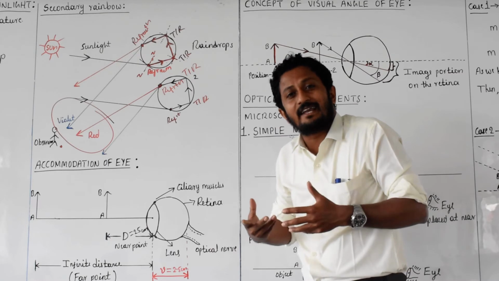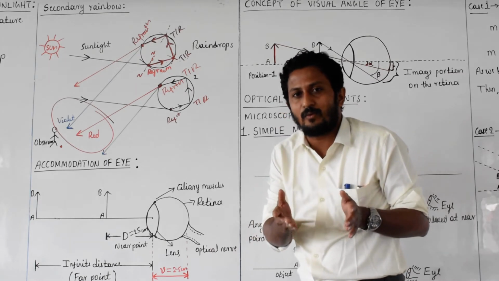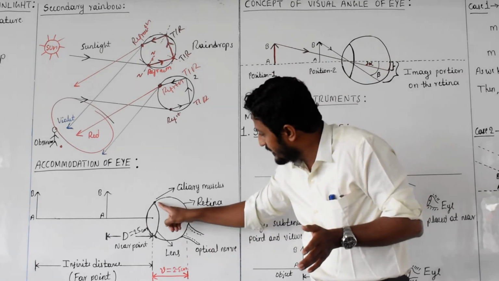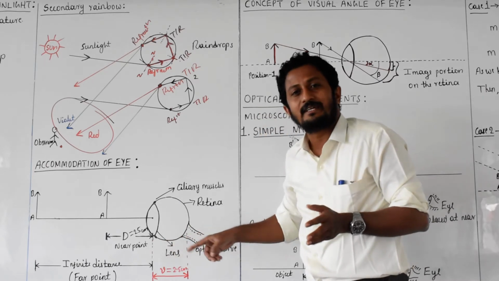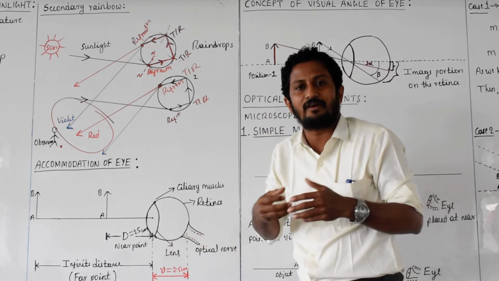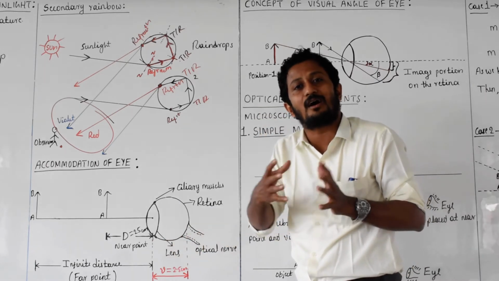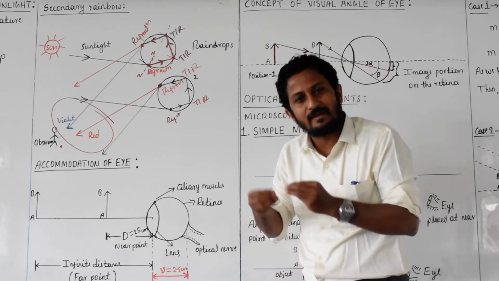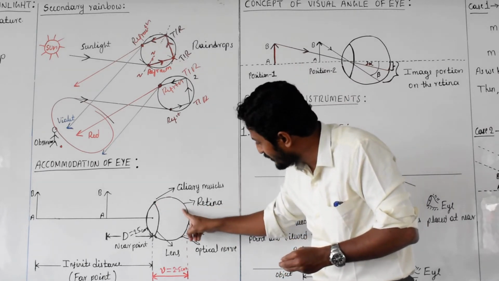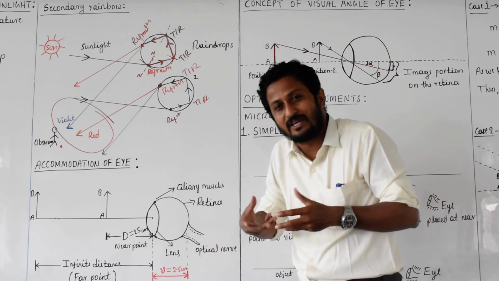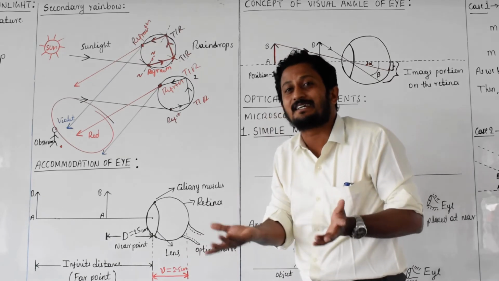That is acting like a screen. Why do we call it a screen? On that retina, images of different objects are going to form, so we imagine it as a screen.